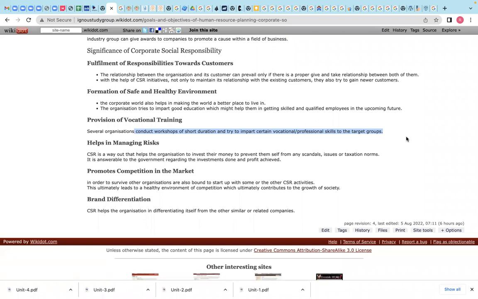So next is helping in managing risk. A lot of organizations do have multiple risks, whether it is about taxation, or about disturbing the ecological balance, or whatever it is, right? So CSR is in a way helping them to manage these particular risks that they have.